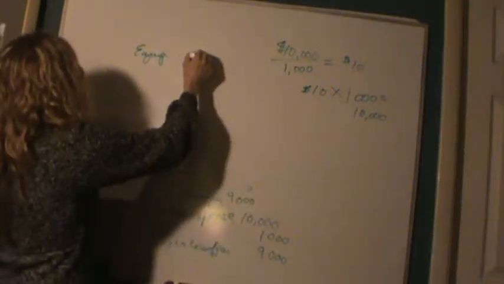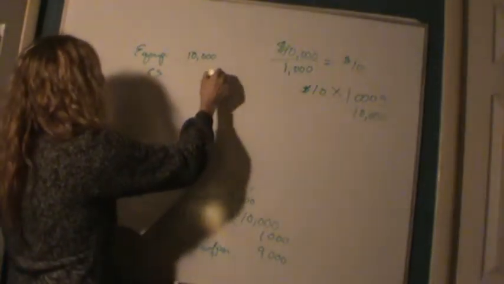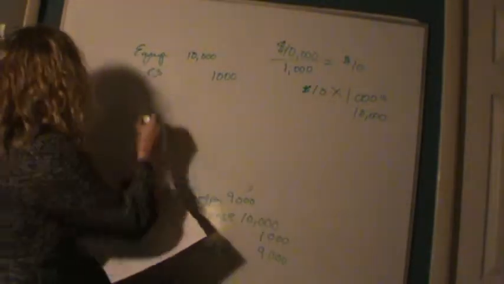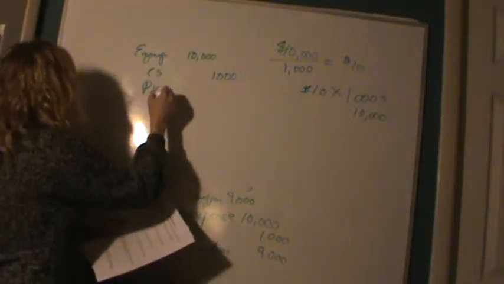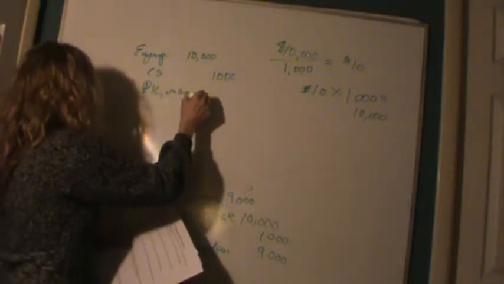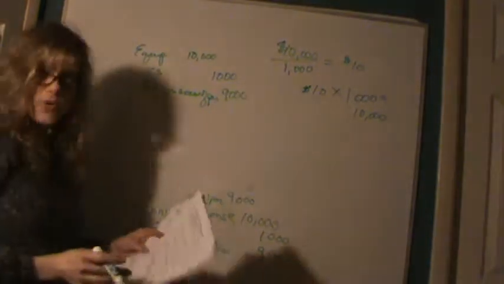So that's where we get the value of the equipment. We'll debit equipment for the $10,000. Go ahead and credit common stock for $1,000, $1 per share par value times 1,000 shares. Go ahead and credit paid in capital in excess of par value for $9,000.